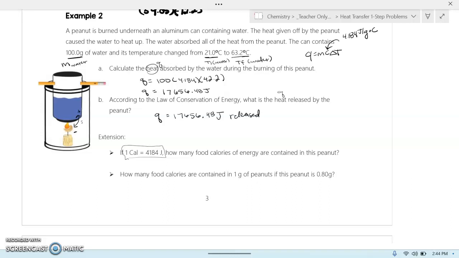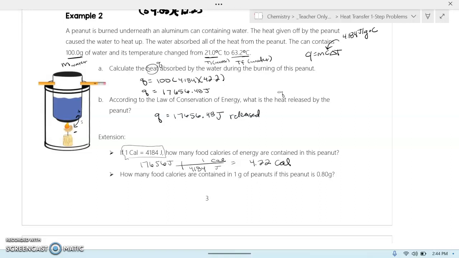That would be in little c calorie. So we will use this as a conversion factor to change our joules into big C Calories. If we use that as a conversion factor, we get 4.22 Calories in this sample.